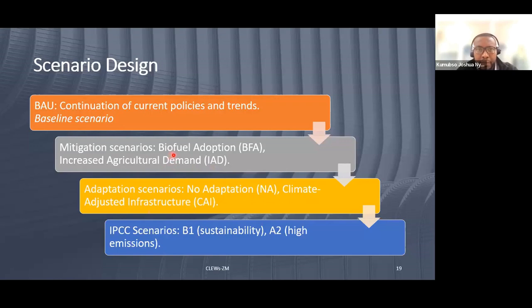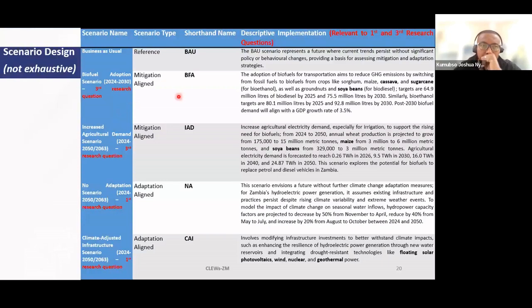So it's imperative that initially what was done was the BAU was modeled and results presented to stakeholders, just for them to provide a flavor of what they think in terms of, okay, does this align with what you'd expect, both for the purpose of validating and also for the purpose of relevance.